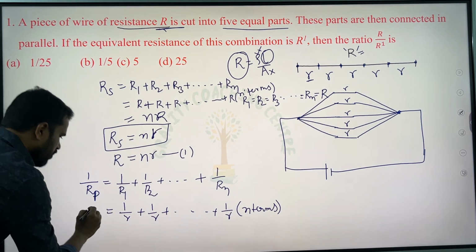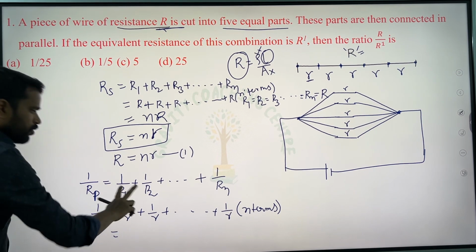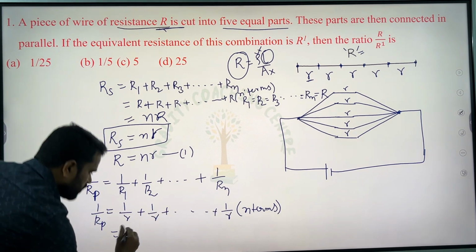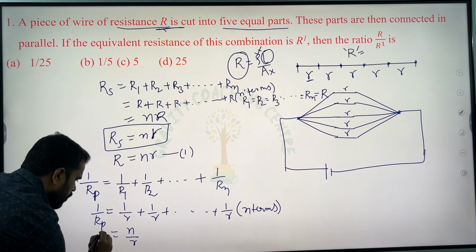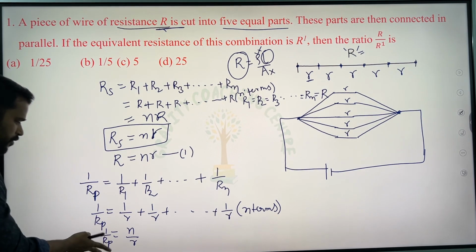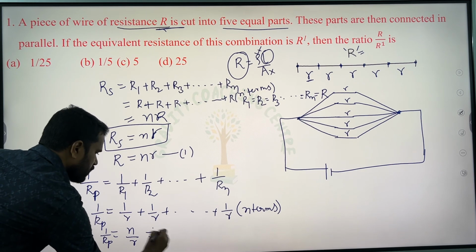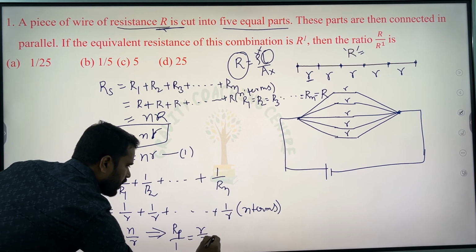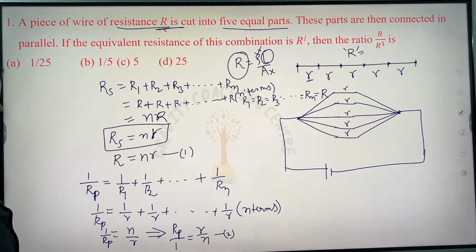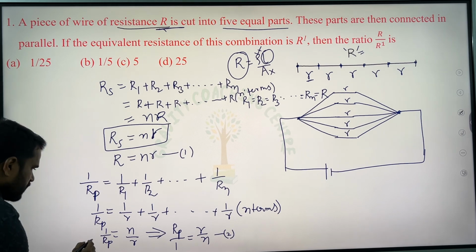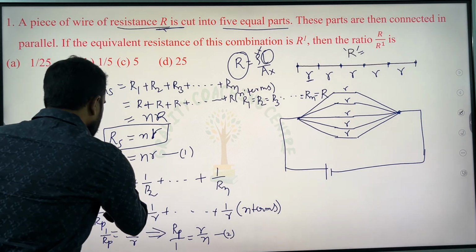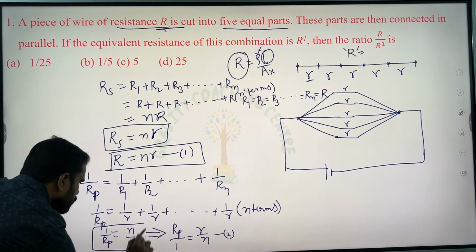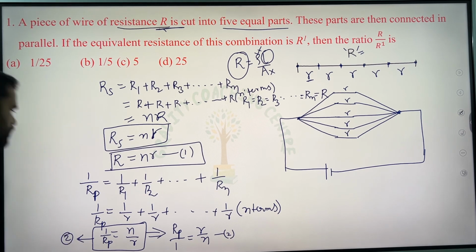If you have 2 terms, then 2 by r, 3 terms 3 by r, 4 terms 4 by r, n terms n by r. This is 1 by Rp. If you reciprocate this, Rp equals r by n. So I will take R equal to n r as equation 1, and 1 by Rp equals n by r, I will take it as equation 2.